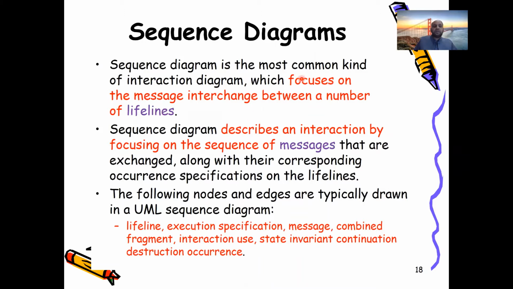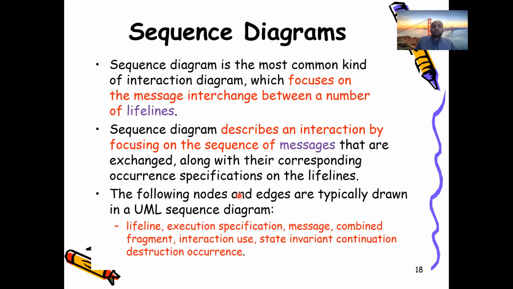So in sequence diagram, there is the concept of lifeline. Sequence diagram describes an interaction by focusing on the sequence of messages. So there is a concept of message and there is a concept of sequence of messages that are exchanged along with their corresponding occurrence specification of lifelines.